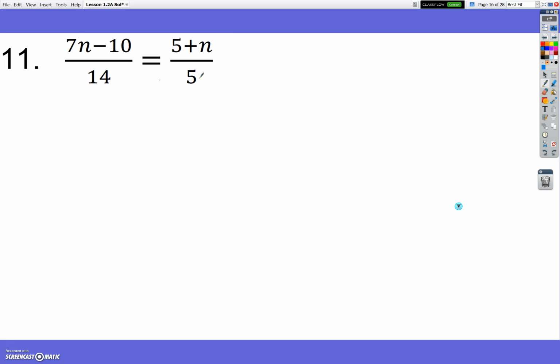So this one's a little trickier because we have fractions equaling both sides. Anytime you have two fractions that equal each other, the easiest way to solve these is to cross multiply. So how this would look is I would have 5 times the quantity of 7n minus 10 is equal to 14 times the quantity of 5 plus n.